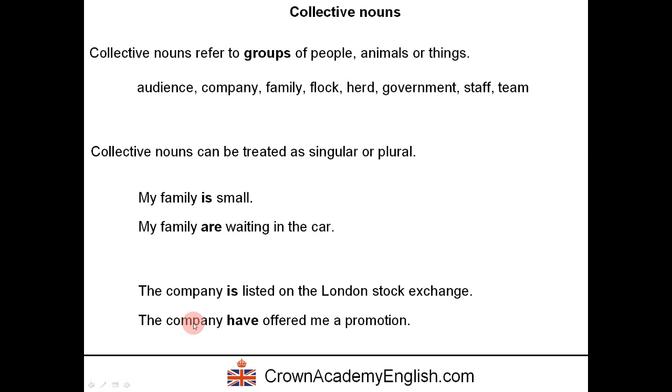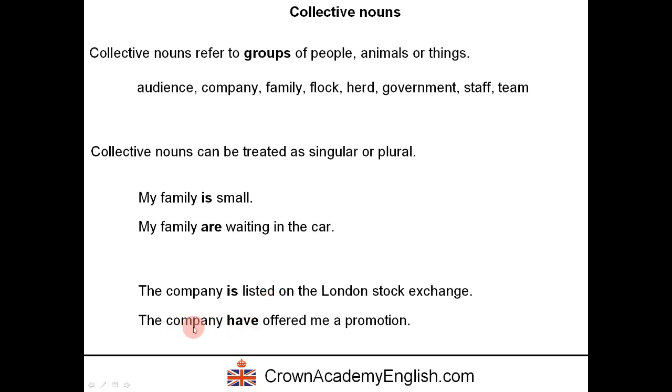So here we are focusing on the people who work in the company. So I'm saying this and I'm thinking of the people, the managers who have offered me a promotion. So it just depends on what we're focusing on.